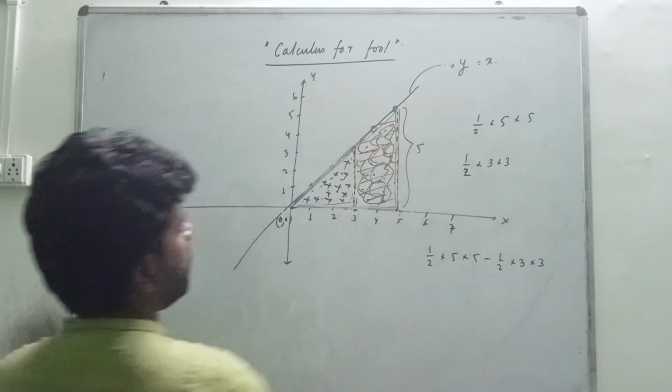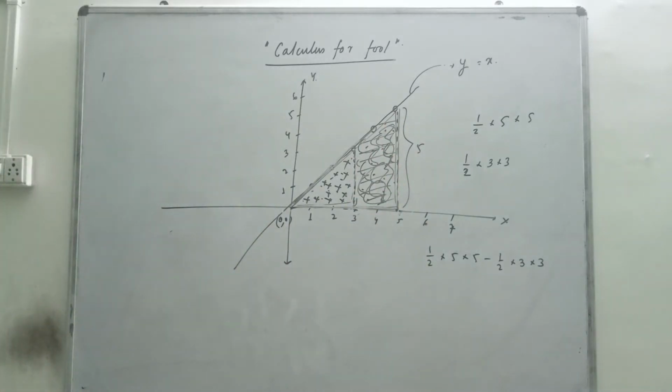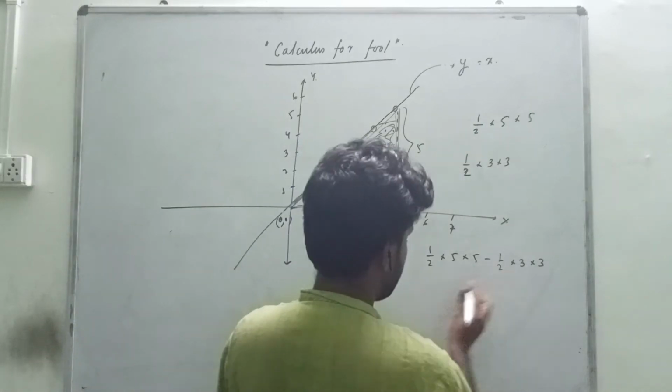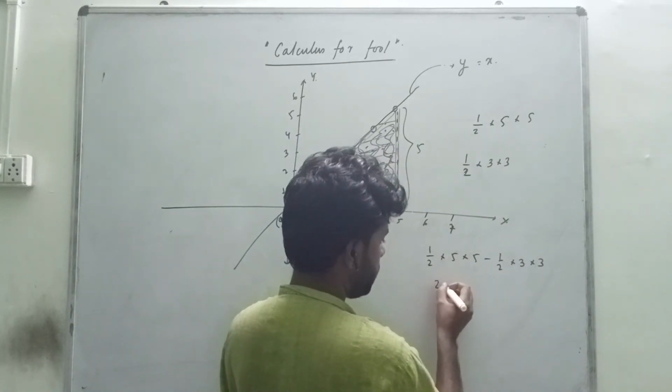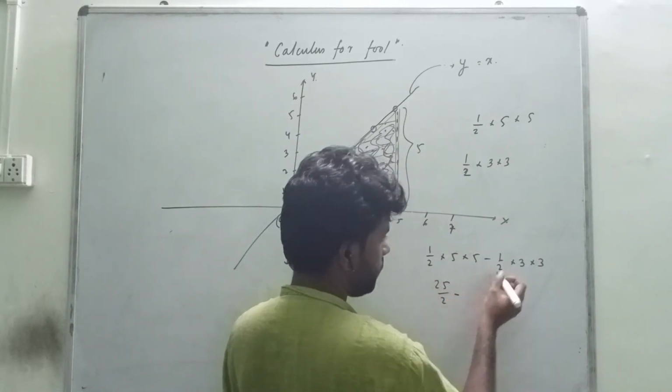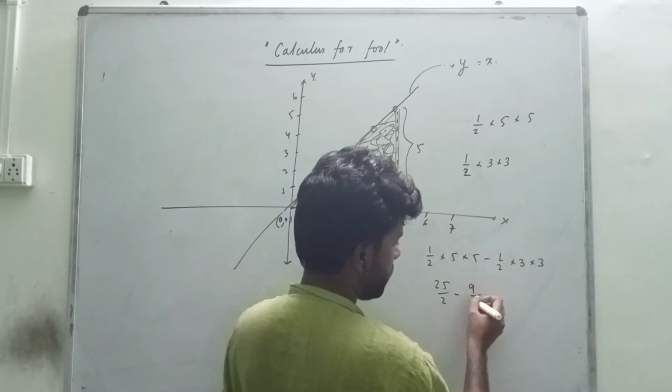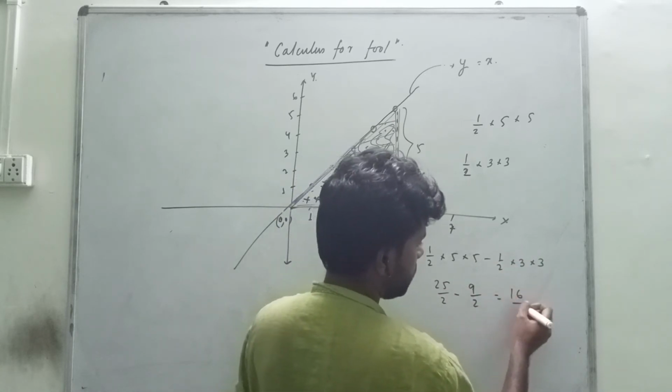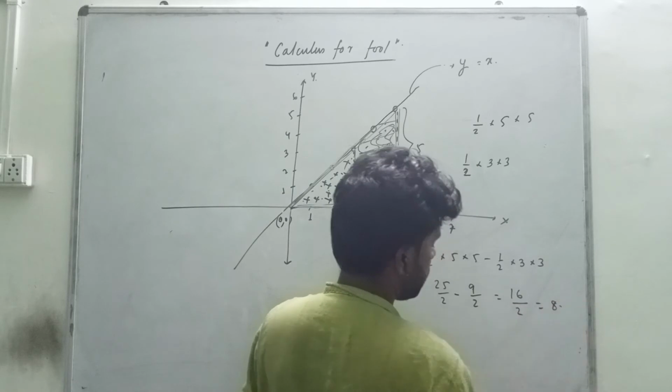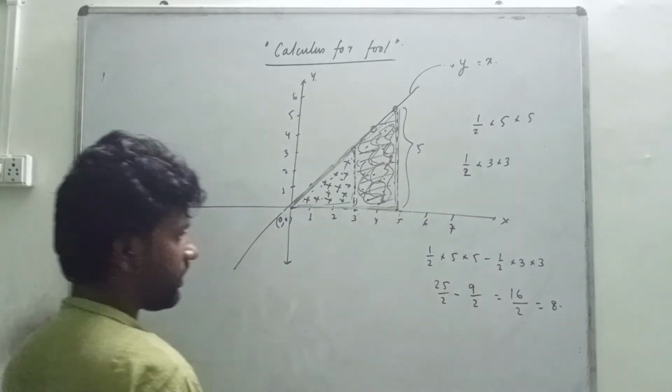These are our areas. Okay, so what will you get? This is 5 into 5 means 25 over 2 minus 3 into 3 means 9 over 2, that is 16 by 2, that means 8, right?